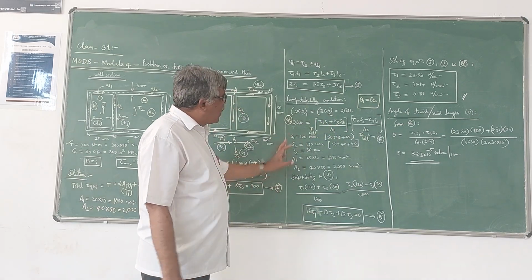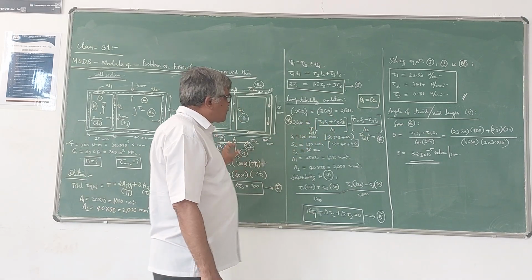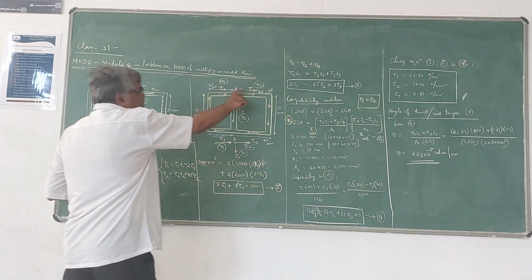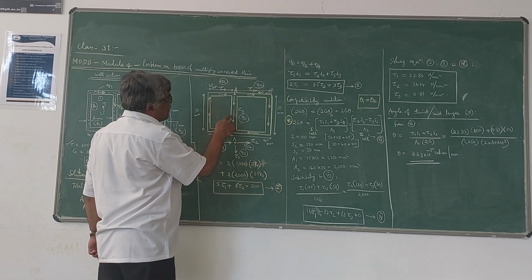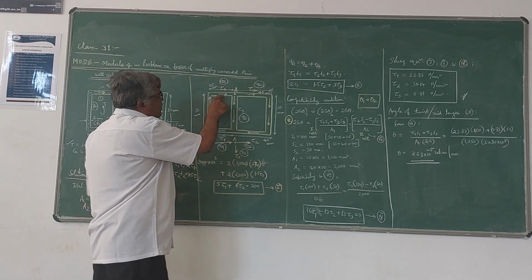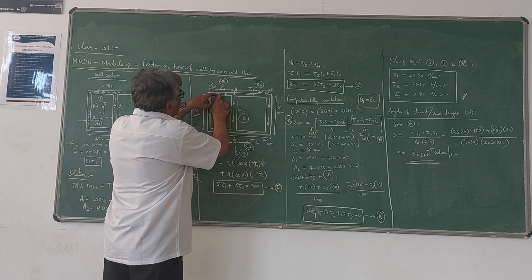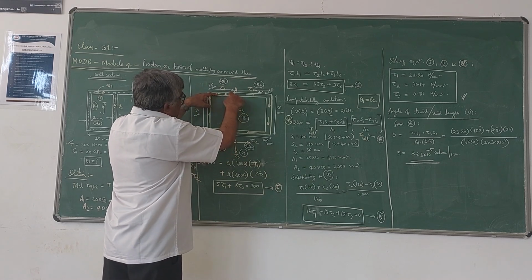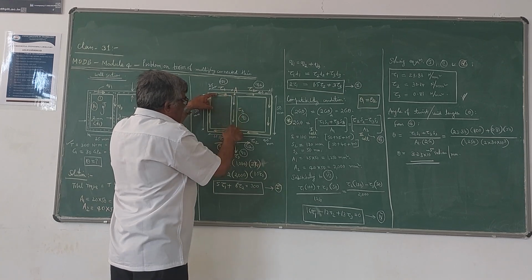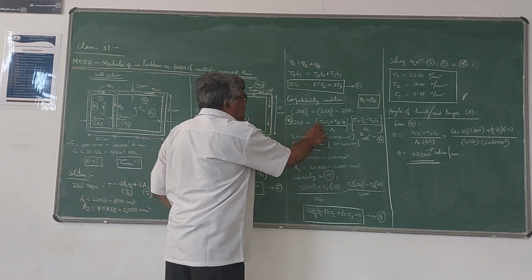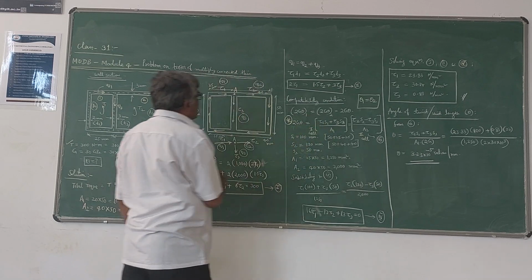So what happens here is, if you consider the first cell in this diagram, tau 1 and tau 3 we have to consider in the first cell. So all of you please observe here. This tau 1 is in this direction, tau 3 also is in the same direction. So tau 1 and tau 3 are in the same direction, and tau 1 is multiplied by S1. What is this S1?